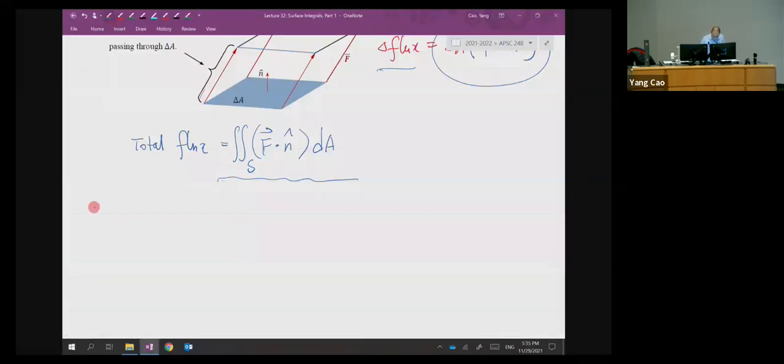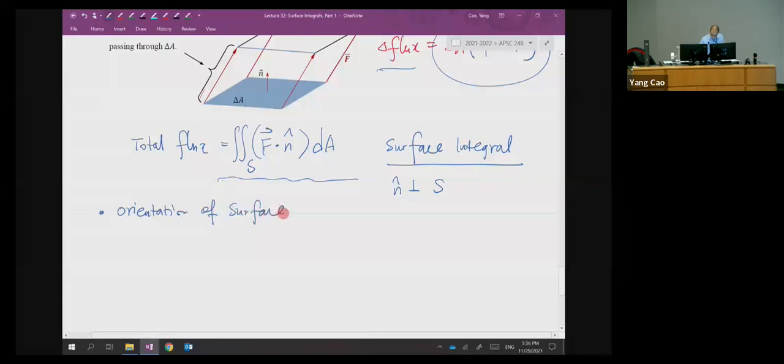Now, before we look at the calculation of this surface integral, so this is called a surface integral, you need to understand that this n hat is perpendicular to the surface S. Also, I want to be clear about one concept first, before we look at different approaches for calculating surface integrals under different coordinate systems.